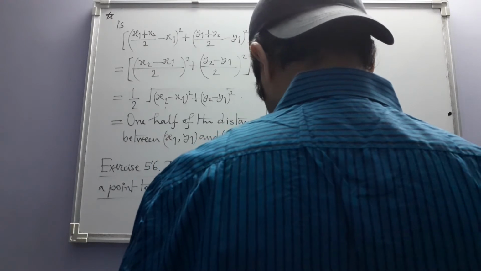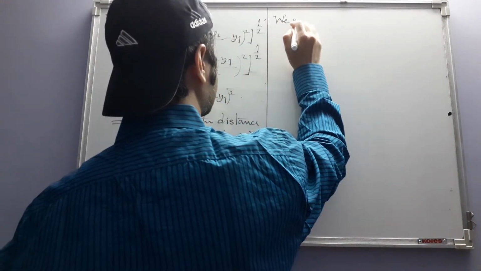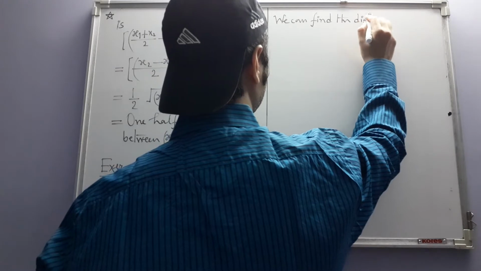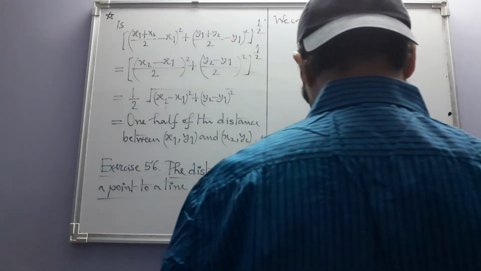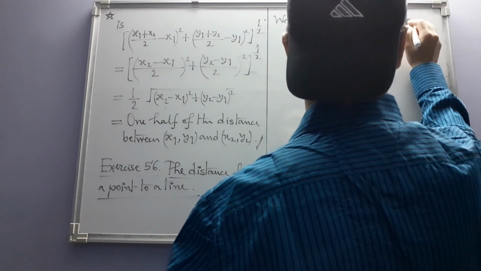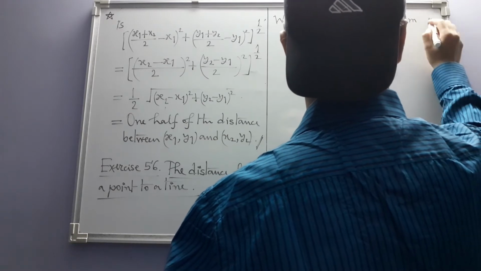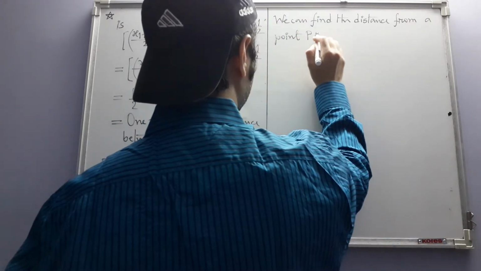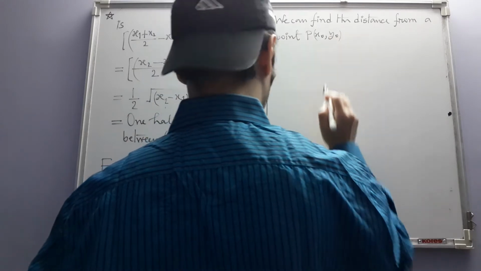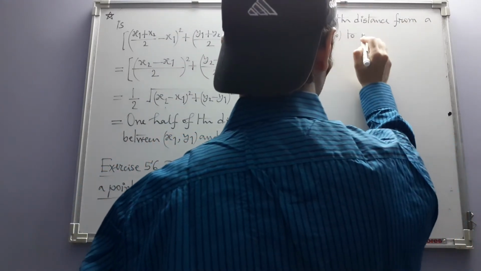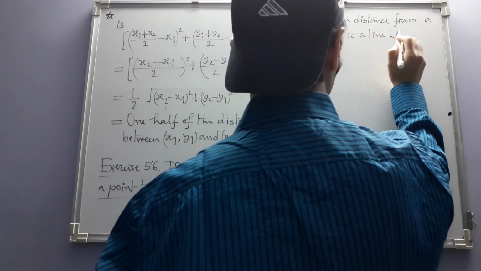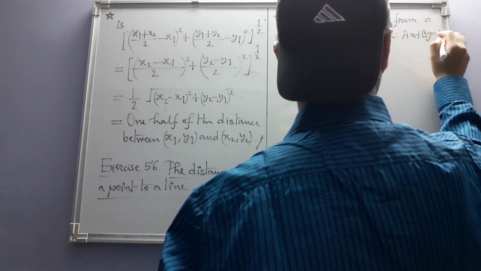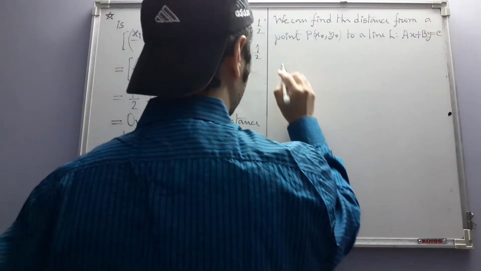We can find the distance from a point P with coordinates x0, y0 to a line L which has this equation ax plus by equal to c by taking the following steps.